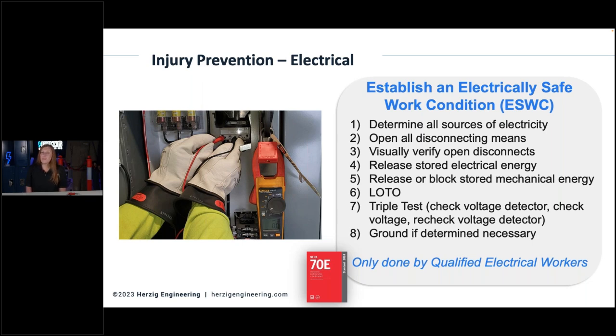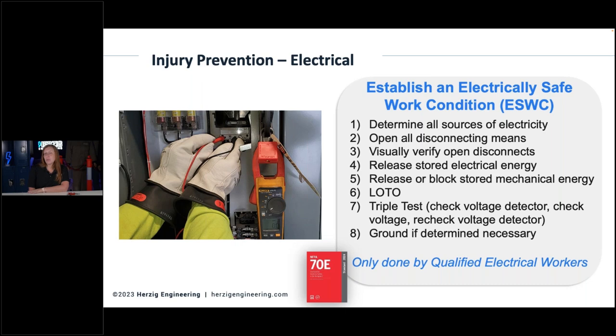One of those steps is lockout tagout, but then there's additional steps above and beyond. The triple check, the live, dead, live with their meter, making sure that those exposed components are actually de-energized, and then ground if necessary.